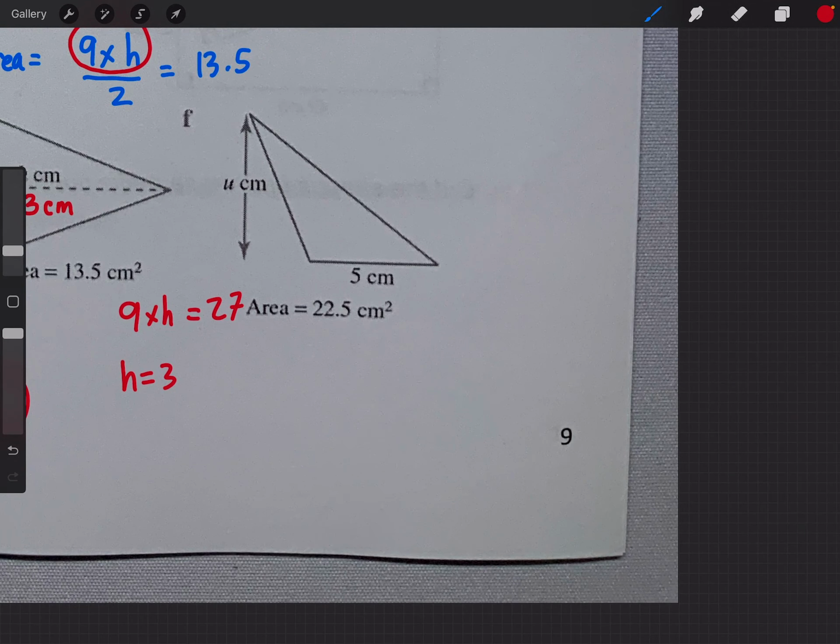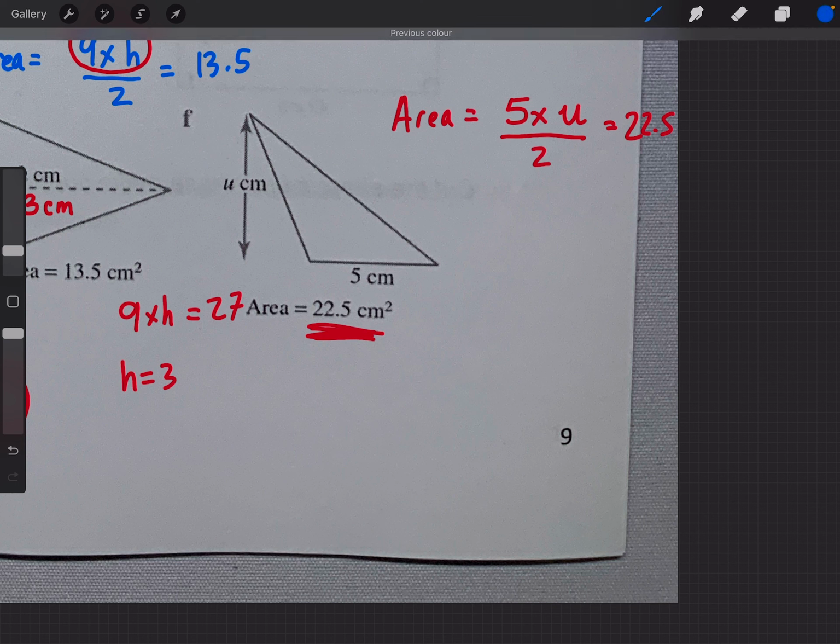Alright, last one is you got to find the area is equal to 5 times the letter u divided by 2. And that's given to us to be 22.5. So again, what number divided by 2 is equal to 22.5?